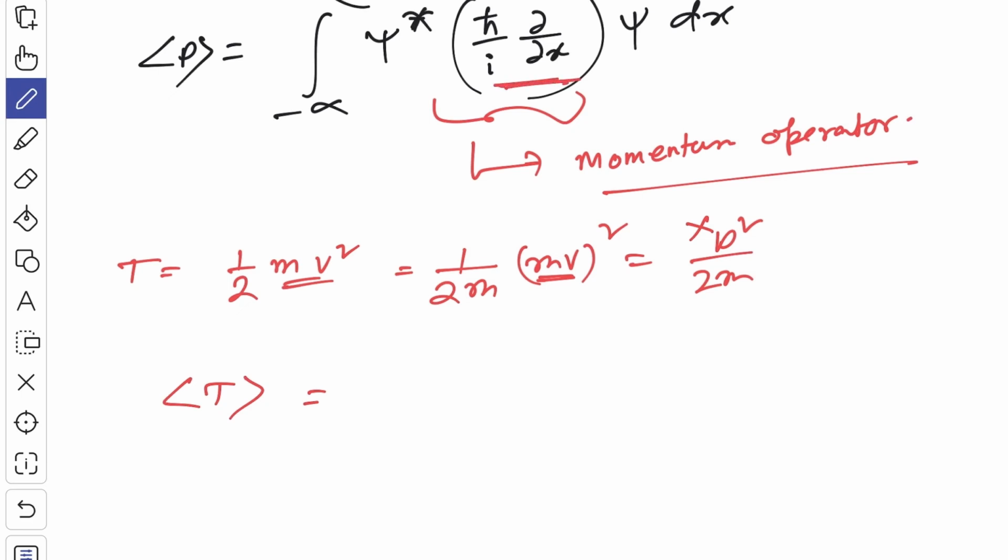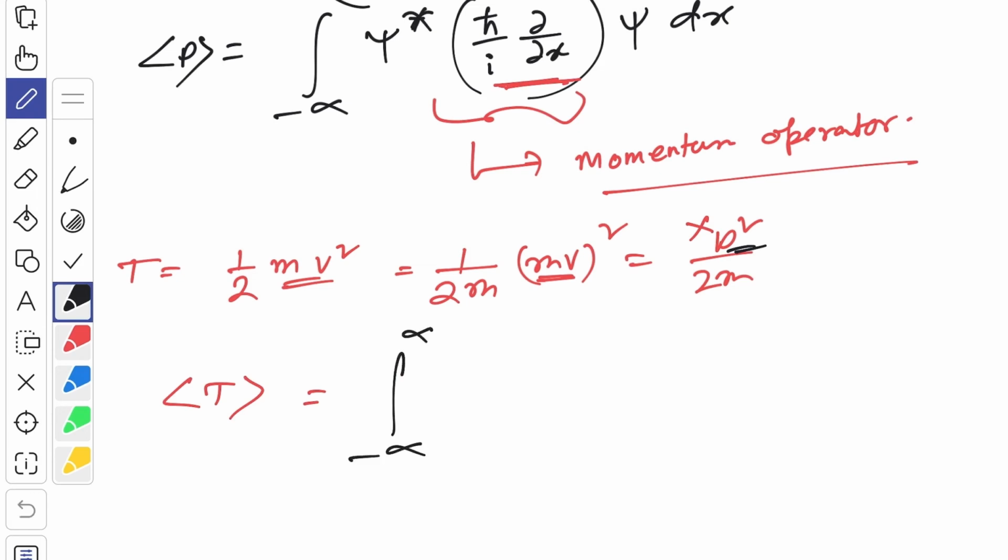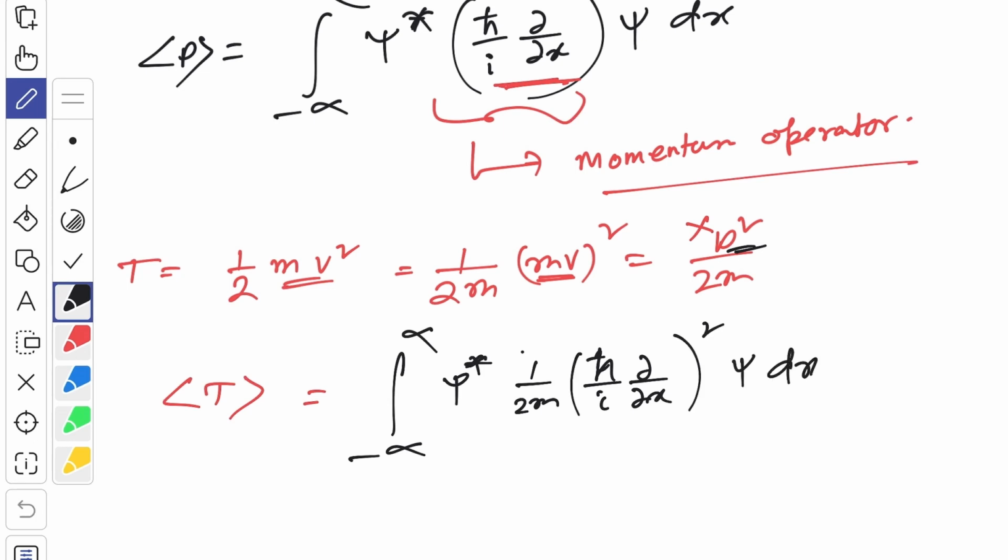Then what you will get, a momentum operator, as there is momentum square. So what you will get here, so this is a constant term here, the integral from minus infinity to plus infinity of psi star. So you will get 1 by twice m, and h cut by i del by del x, whole square, psi dx.